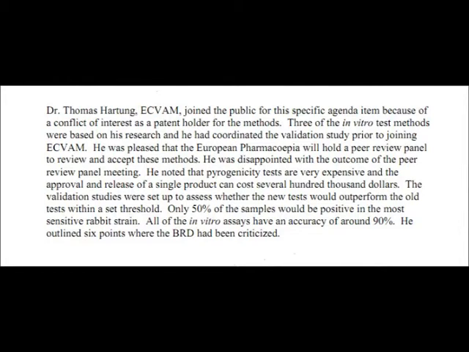He noted that pyrogenicity tests are very expensive and the approval and release of a single product can cost several $100,000. The validation studies were set up to assess whether the new tests would outperform the old tests within a set threshold. I'm not entirely sure why Dr. Thomas Hartung was disappointed with the outcome of the peer review panel meeting.